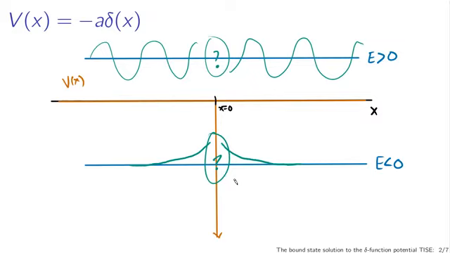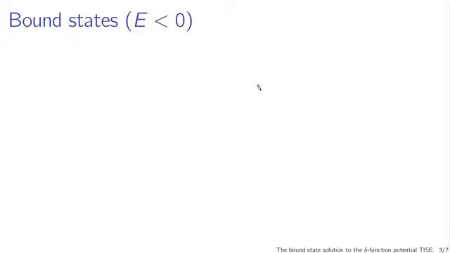But first of all, let's consider what the solution looks like away from the boundary. And in this lecture, I'm going to focus on the bound state, the state where the energy of the state is less than 0. For the bound states, energy less than 0, away from x equals 0, we know V of x is equal to 0.